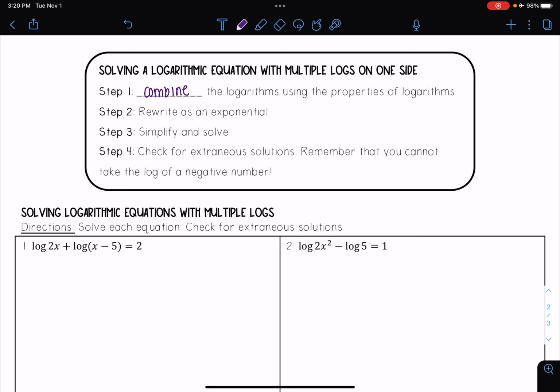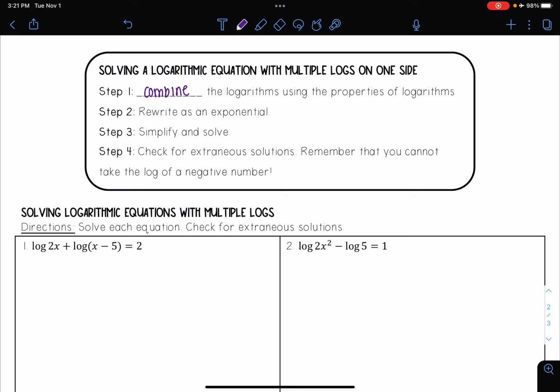And so remember, that was the product property, where log x plus log y is the same thing as log of xy, or the quotient property, where it would be the same thing as division, and the power property.